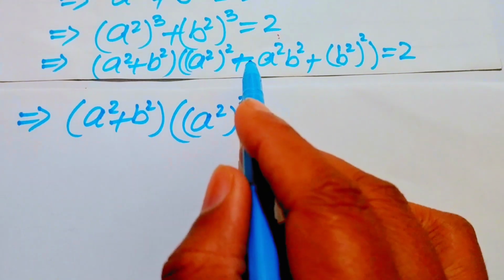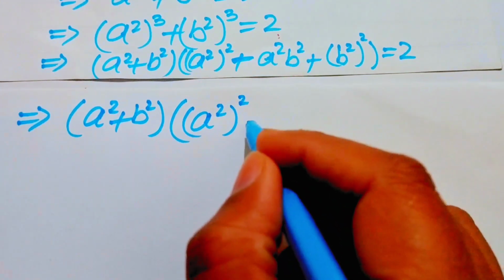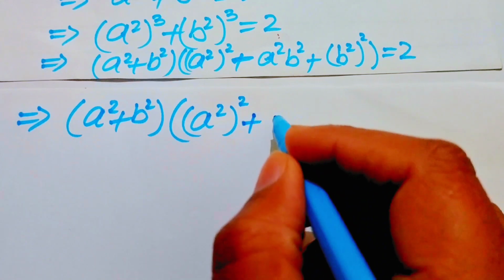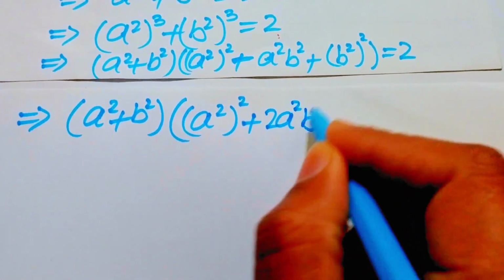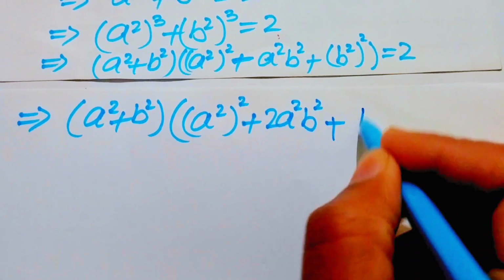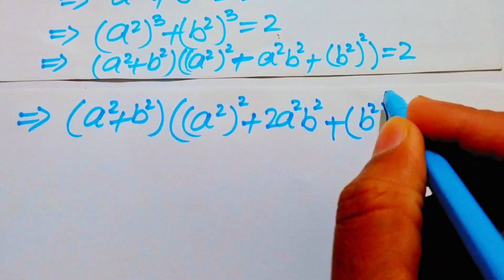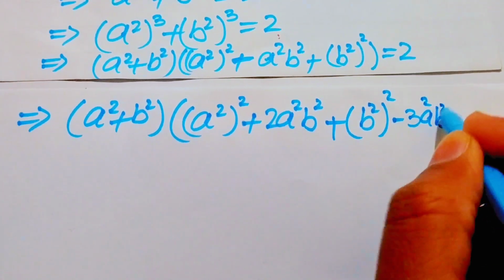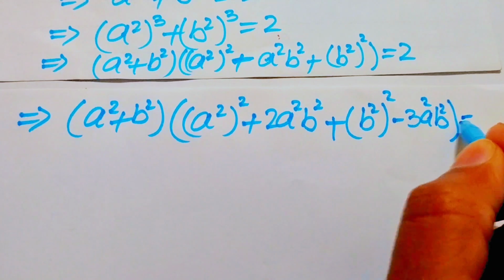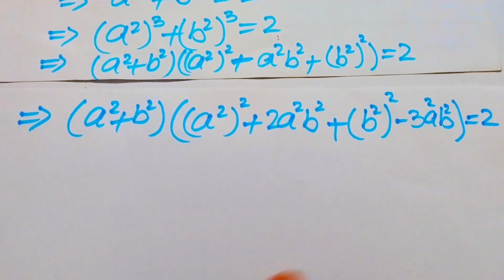We write this minus a square b square as plus 2 times of a square b square, and plus we have this value becomes b square and its whole square minus 3 times of a square and b square, and this whole equation becomes 2.